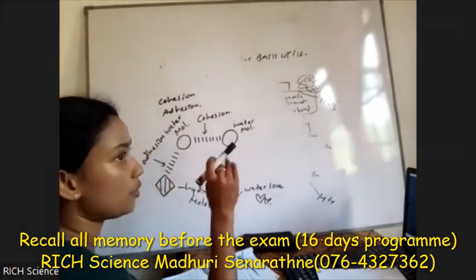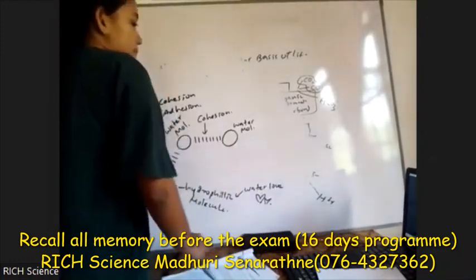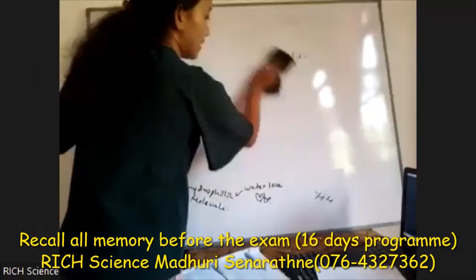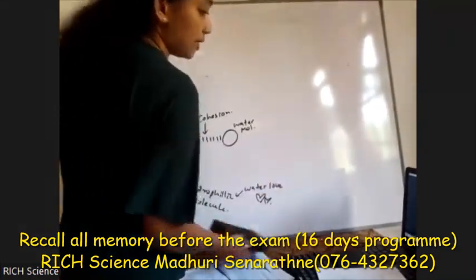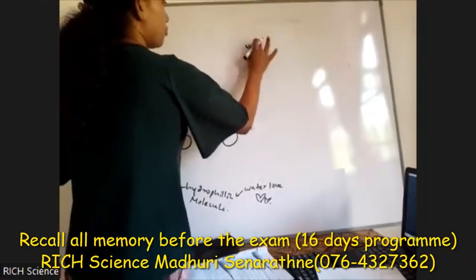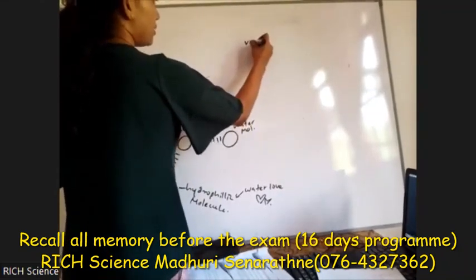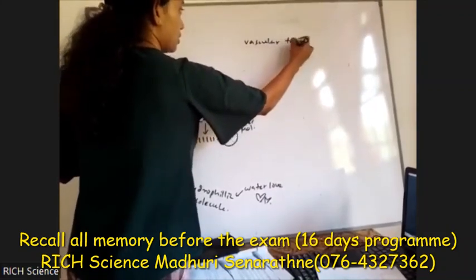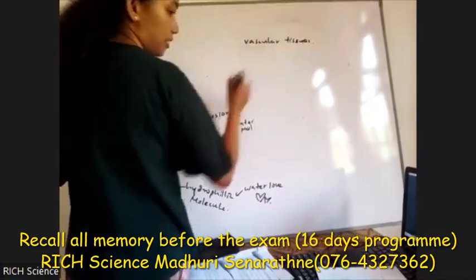So, transport medium. Do you remember or know about the vascular system in plants? Two types of vascular tissues can be found in plants.